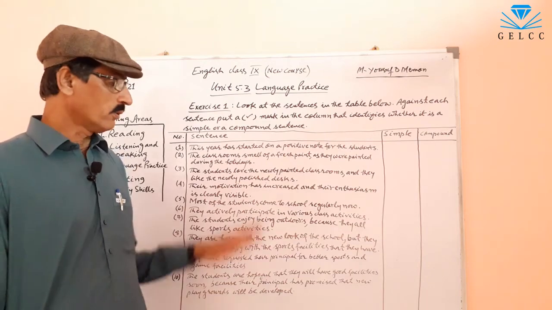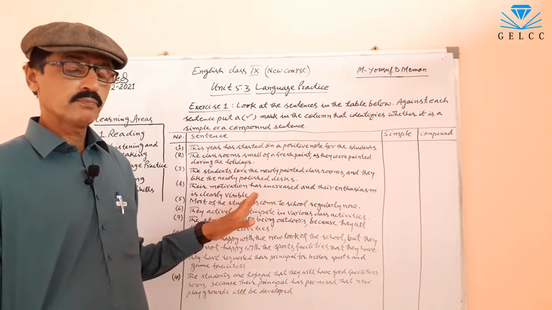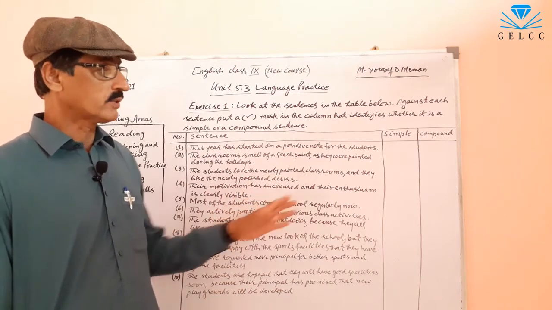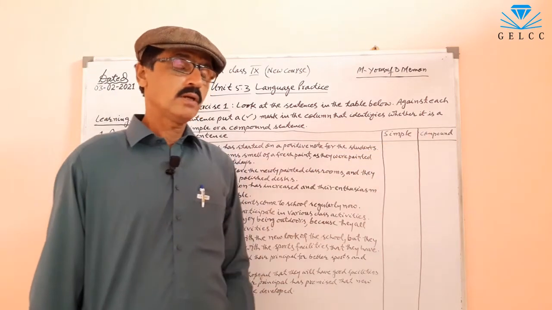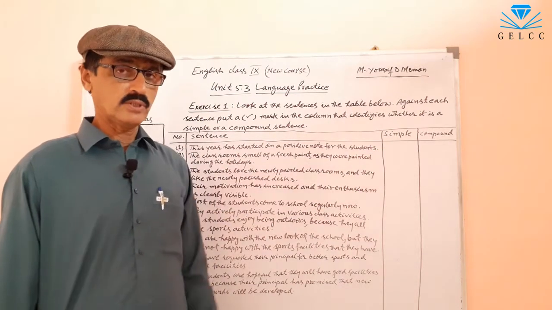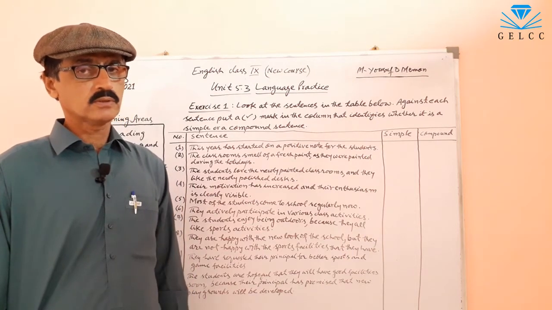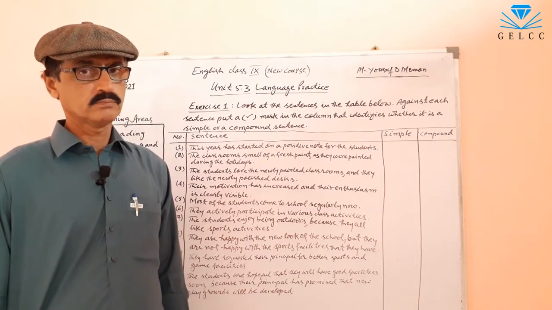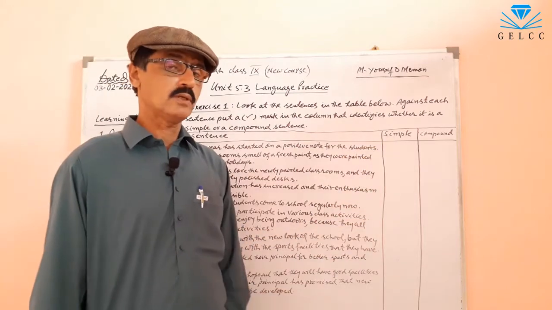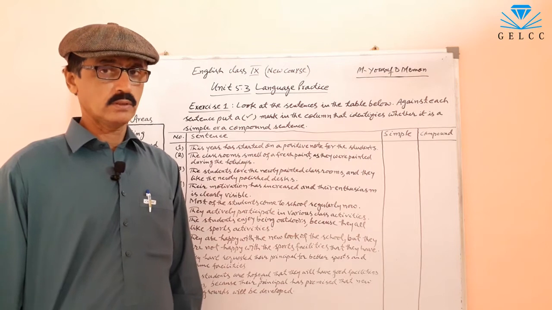So, before we point out these sentences, let me explain to you what is a simple sentence and what is a compound sentence. A simple sentence is that sentence which has one subject and one predicate. It means the simple sentence has one verb, one predicate.